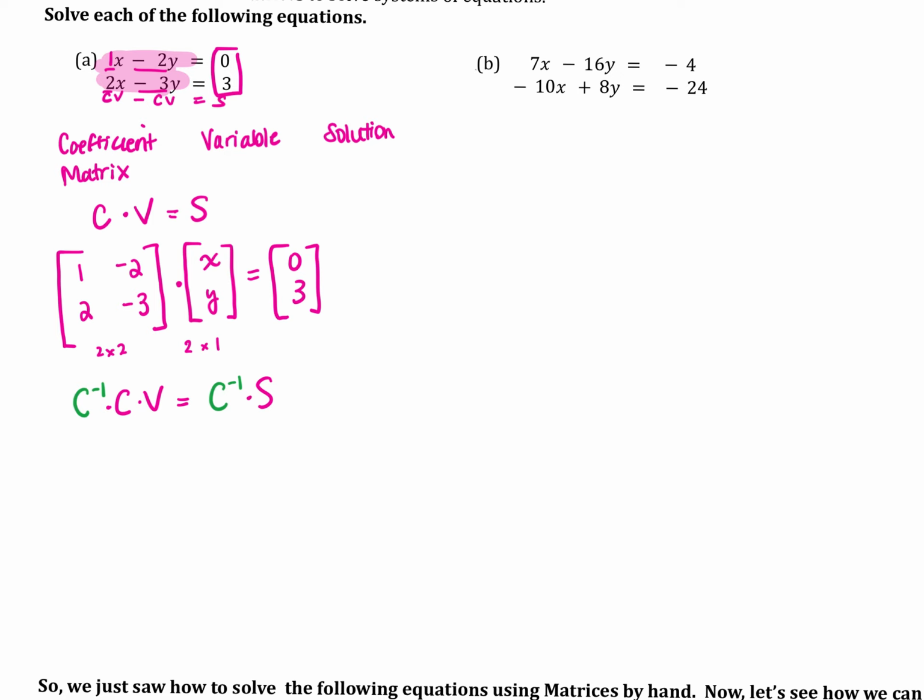So the inverse of C, now I can use my calculator to find the inverse of C, and I would highly recommend that, just for ease's sake. In our video here, because we're going to use our calculators in just a minute, I'm going to go ahead and write that. I guess we could find the inverse of this pretty quickly. We switch A and D, so this becomes -3 and 1.